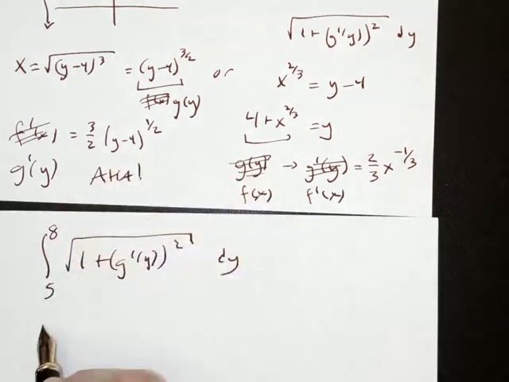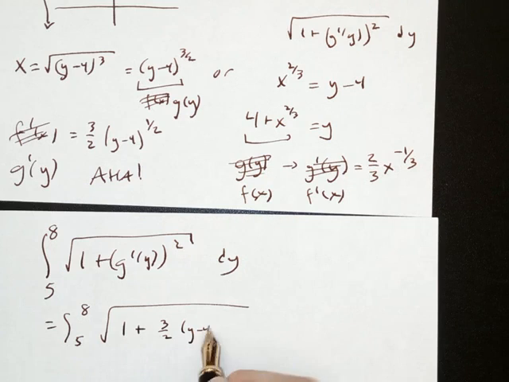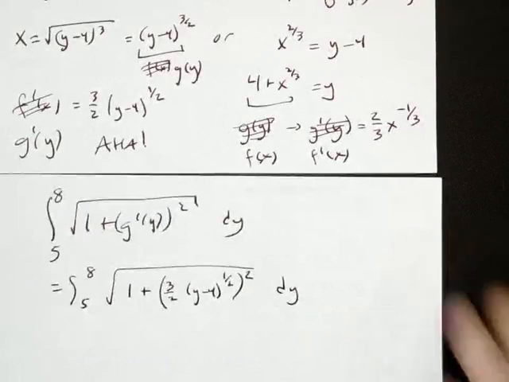So I can take that, I can put it in here. What do you get inside the square root?